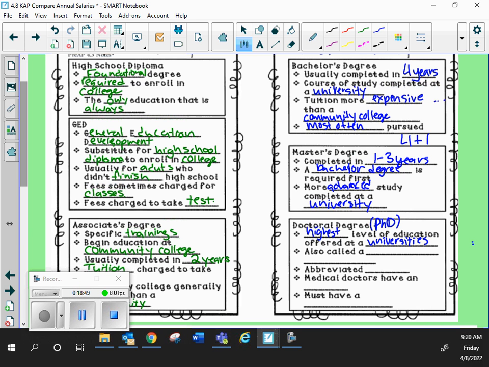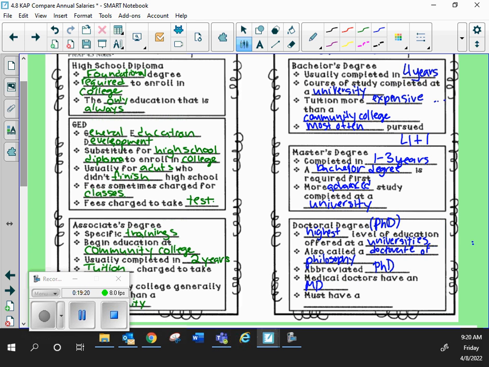It is also called a doctorate of philosophy, abbreviated to PhD. Medical doctors aren't called PhDs, they're called MDs, because it's a medical doctorate.